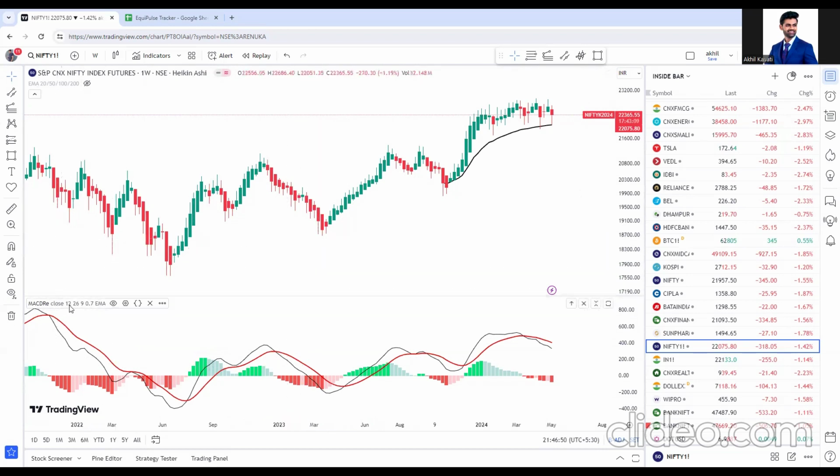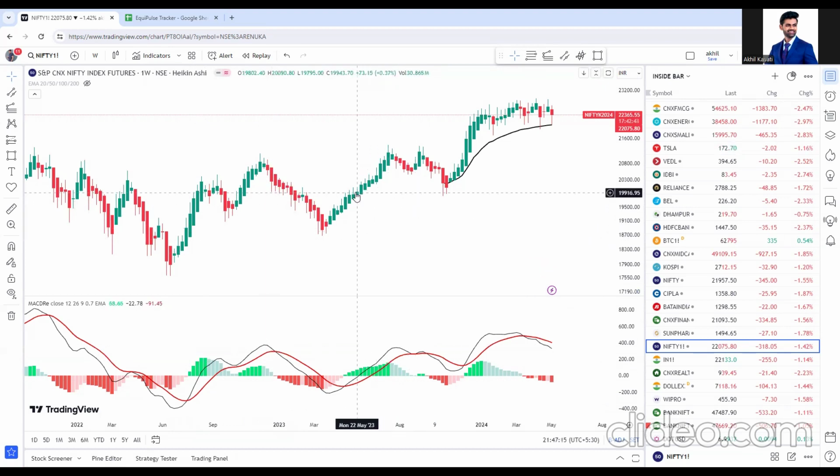It takes the convergence and divergence between your 12 days or weeks moving average and 26 days moving average. To put it in simple words, you see a black line and a red line. Whenever the black line crosses the red line from the bottom, that is when you enter, and whenever it crosses from the top, that is when you exit. And again, it's not so simple.